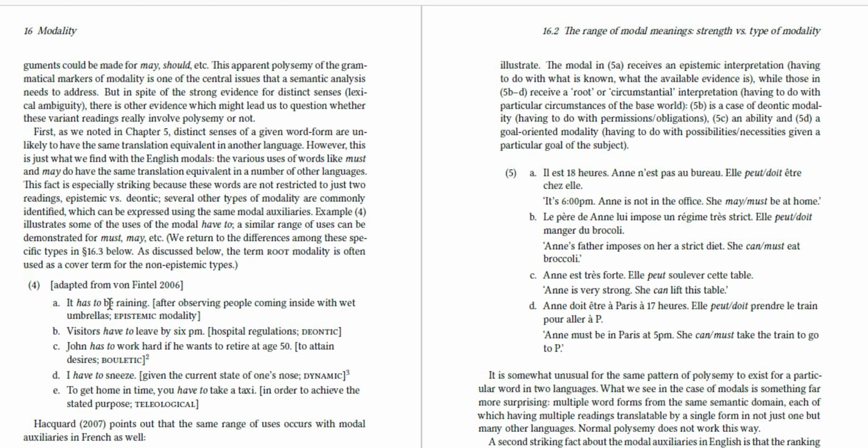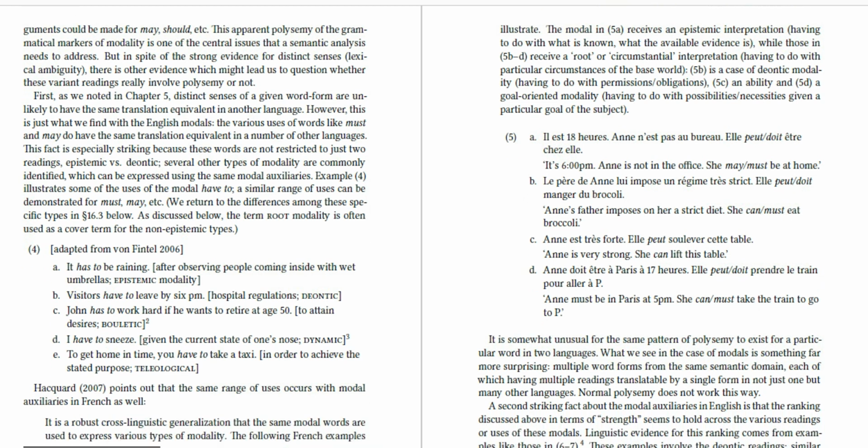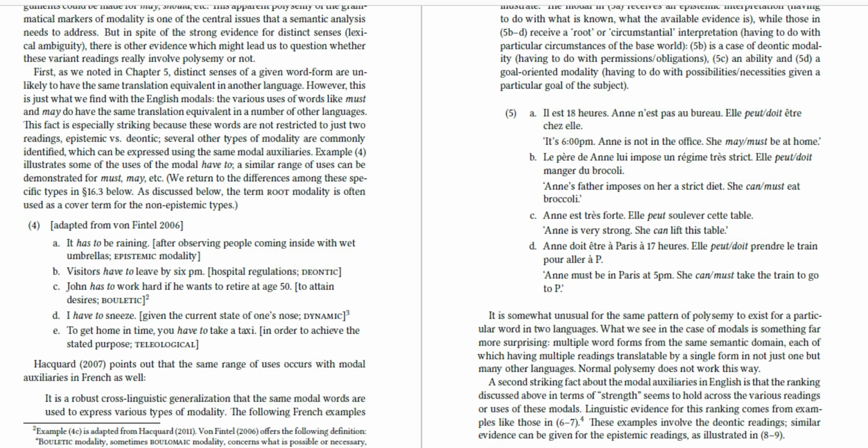We have one type epistemic, the second type deontic, the third type bouletic, and the fourth type dynamic, the last one teleological. And here we can recognize the sentences based on semantics, or semantic modality signs.